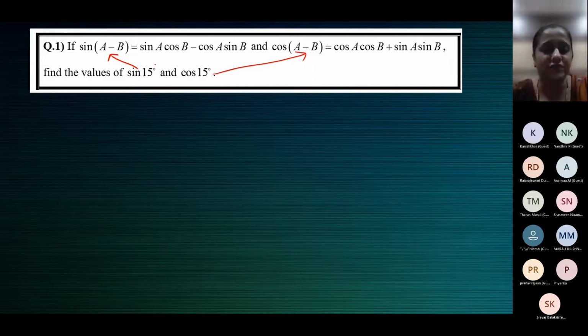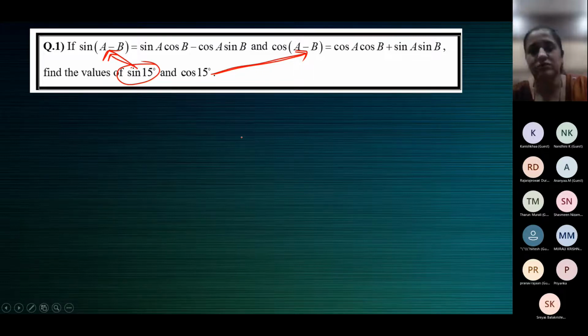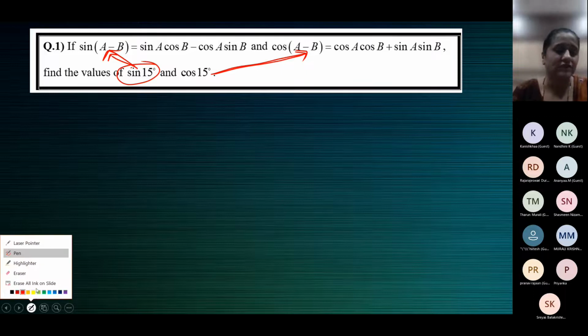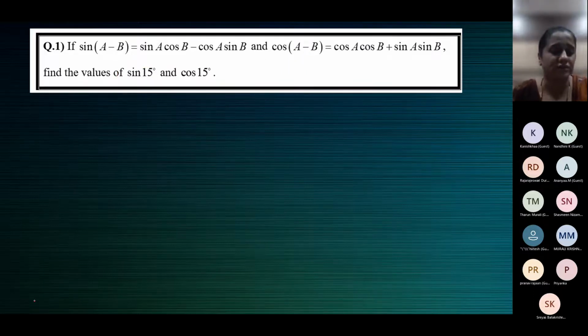To find sine 15 degrees, we'll use this formula, and to find cos 15 degrees, we'll use cos of A minus B. Now, let's talk about computing sine 15 degrees. How do we find sine 15 degrees?